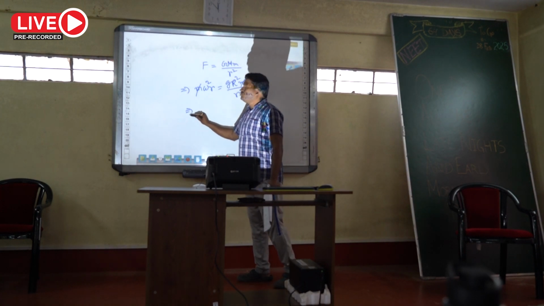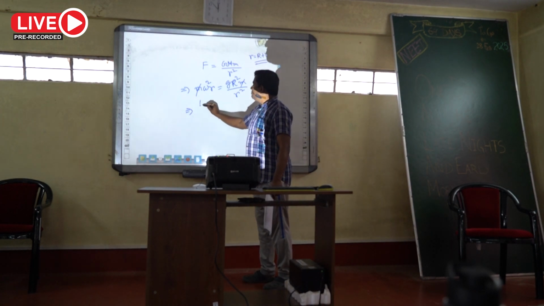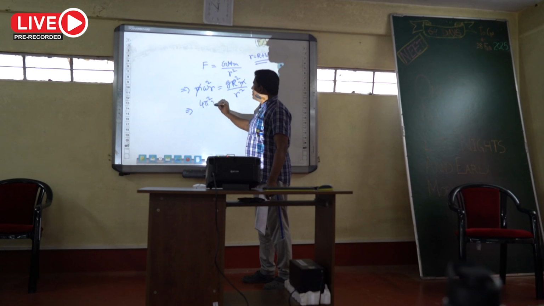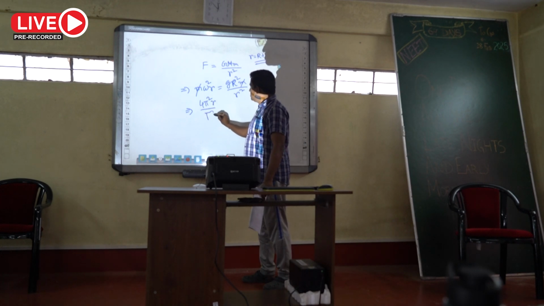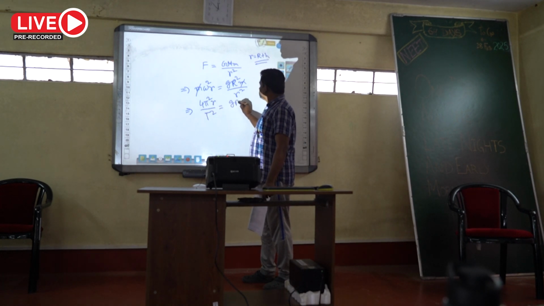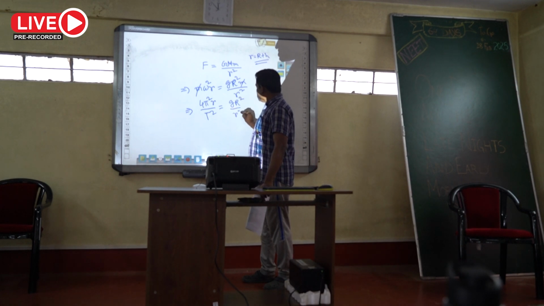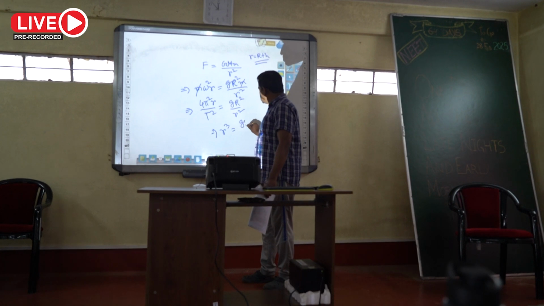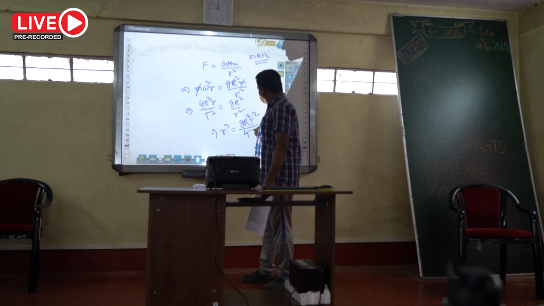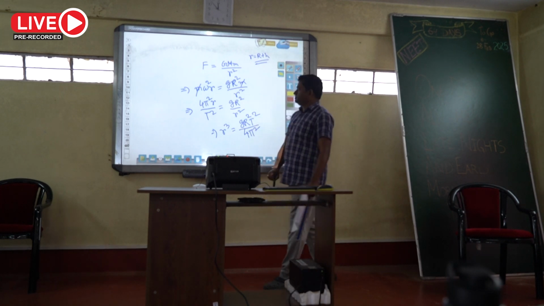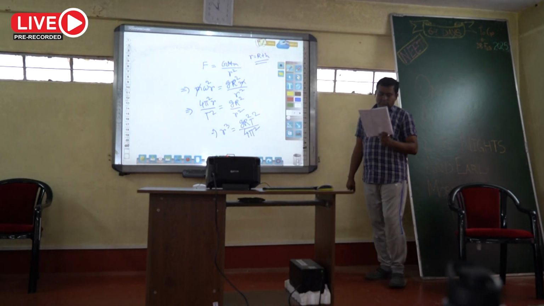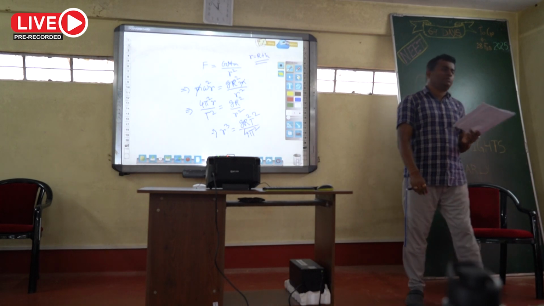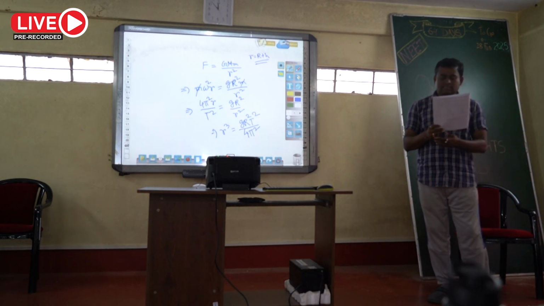Omega can be written as 2 pi by T, so it will be 4 pi square r by T square, equal to gR square by r square. So r cube is equal to gR square T square by 4 pi square. So r is (gR square T square by 4 pi square) to the power 1/3. So option A is correct.